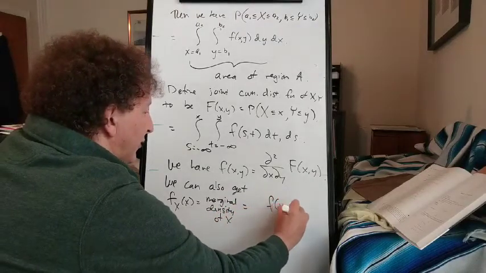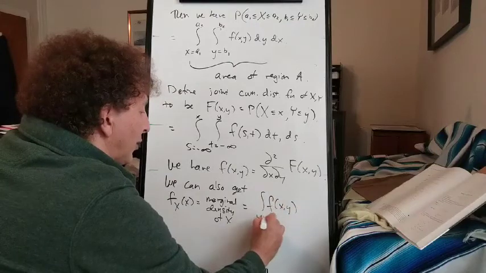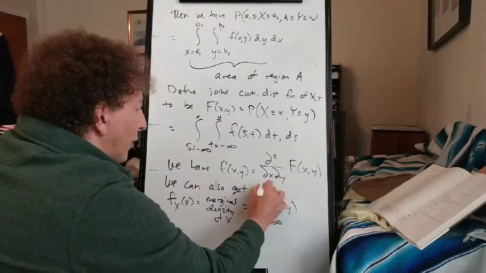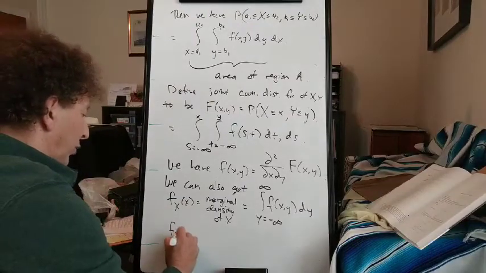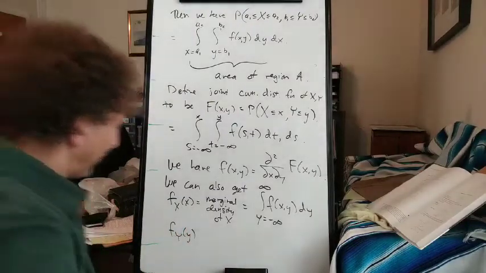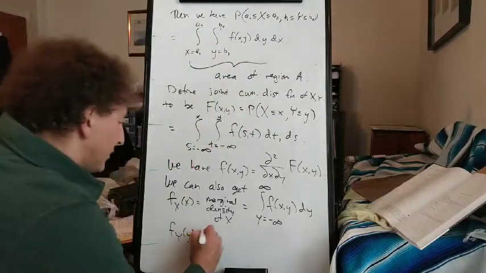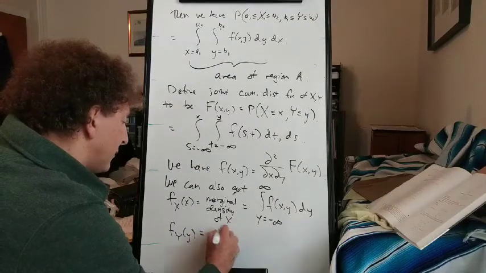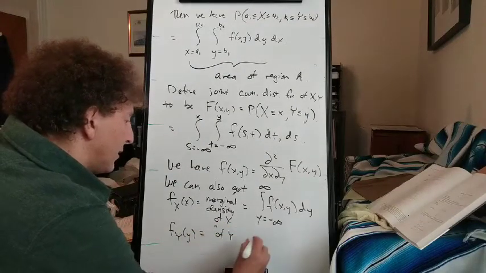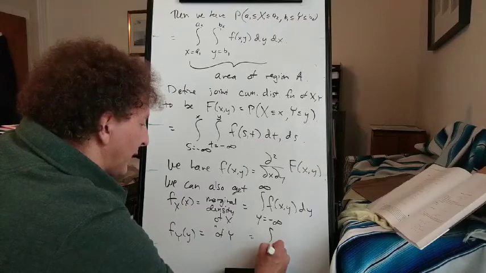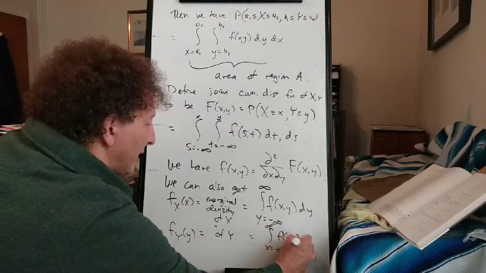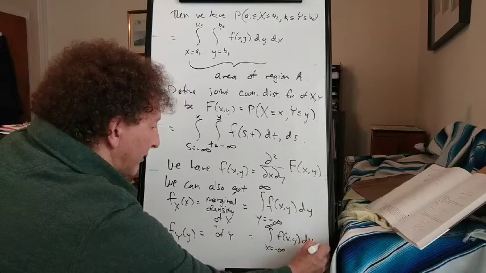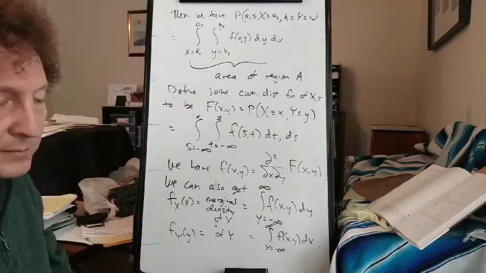So we take f of x, y, and we just integrate away all of the y's. And of course we could do the same thing for y. If we just want the density function for y, then we just integrate away all the values of x, f of x, y, dx.